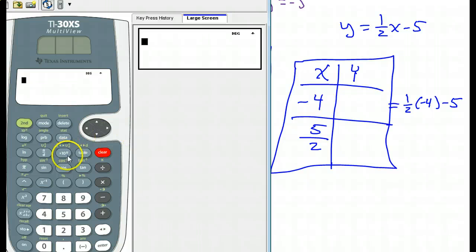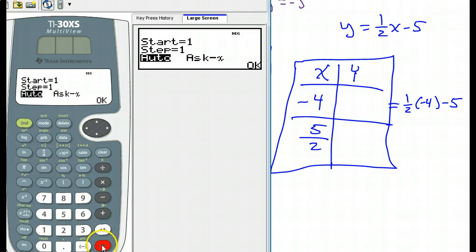So, in the calculator here, really the best thing to do if I'm going to use a calculator is just use the table function. Let's just do 1/2 x minus 5. Might as well start at -4 since that's what we want first.